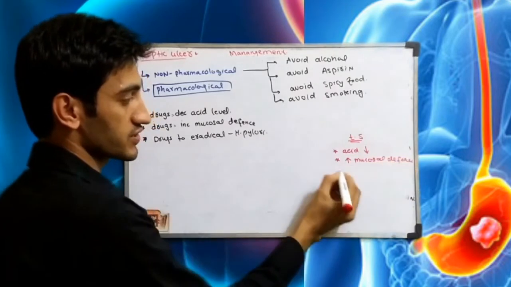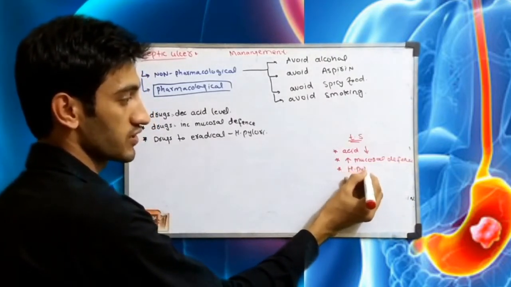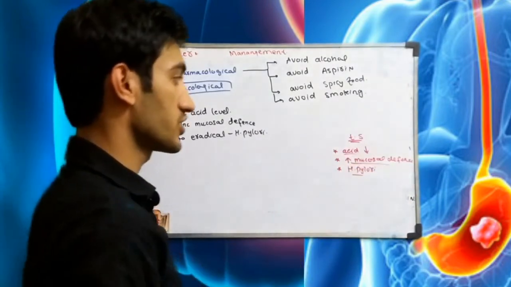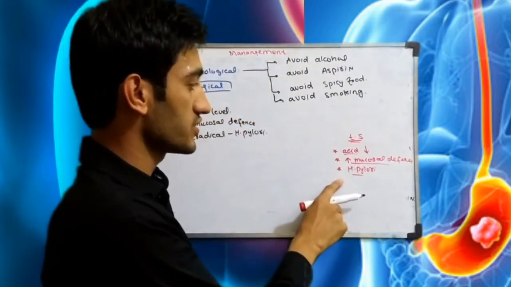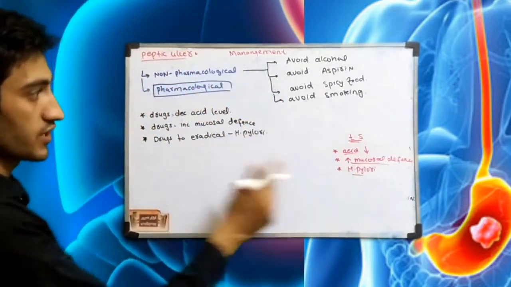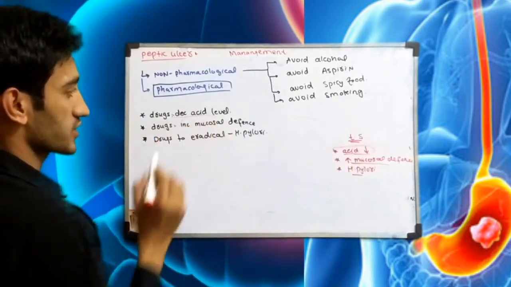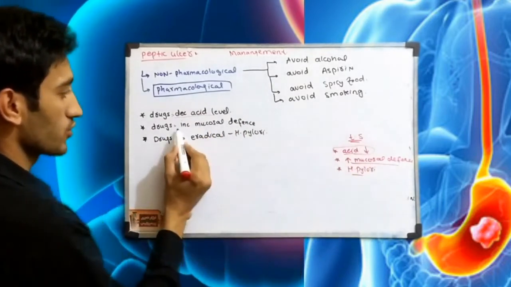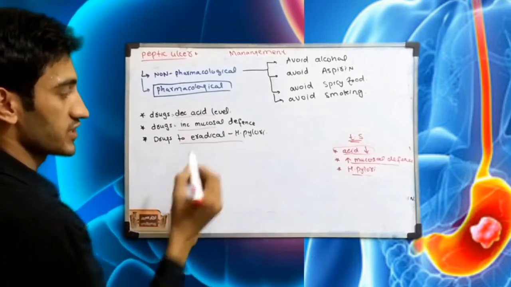And the third is we should remove the bacteria, H. pylori bacteria. So these are the 3 treatment strategies. According to the treatment strategy, we give drugs that decrease the level of acid, drugs which increase the mucosal defense, and drugs which remove or eradicate the H. pylori.